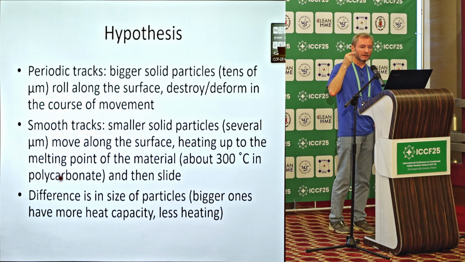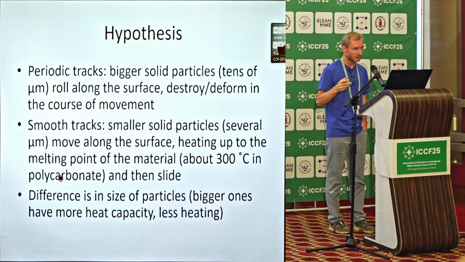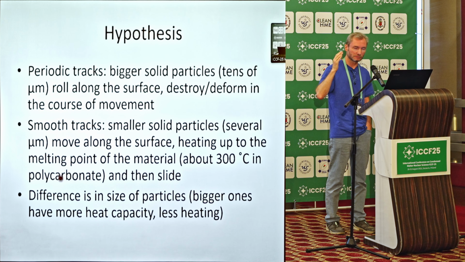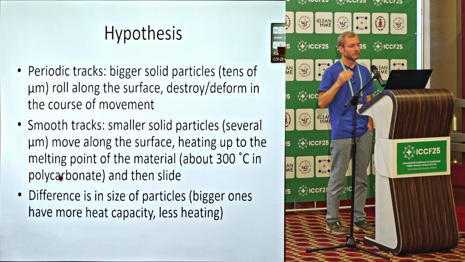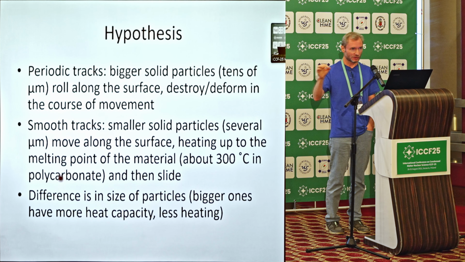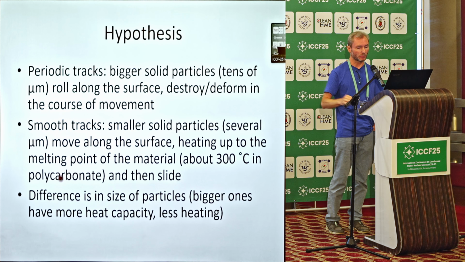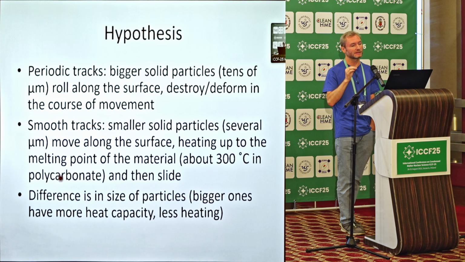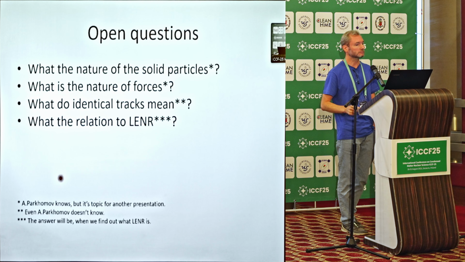And it's heating up to the melting point of the material. It's a very soft material, about 300 degrees in polycarbonate, and then it just slides upon this melting material. So the difference is in the size of the particle.